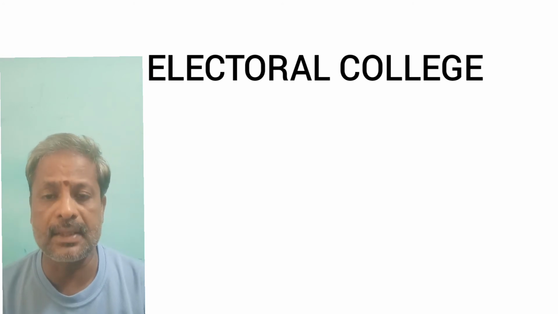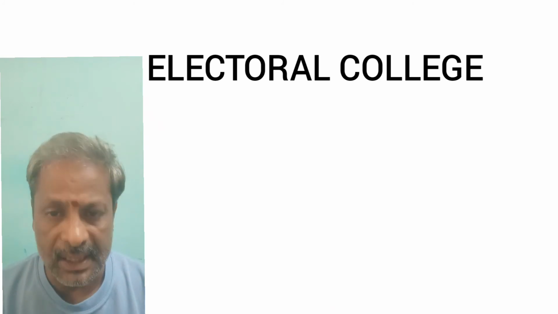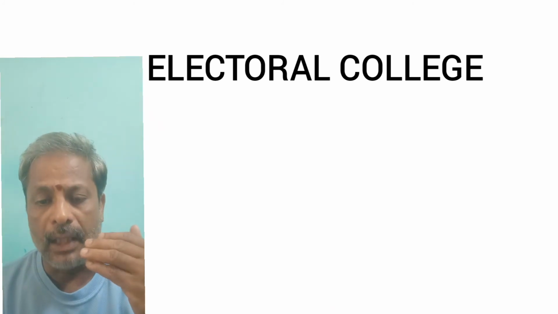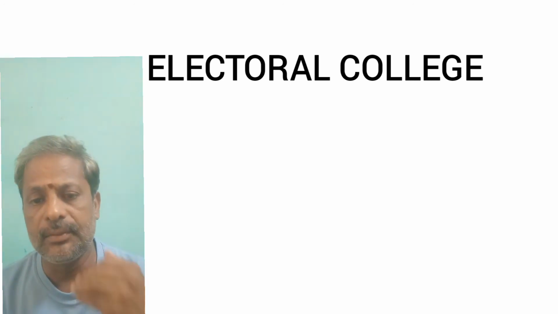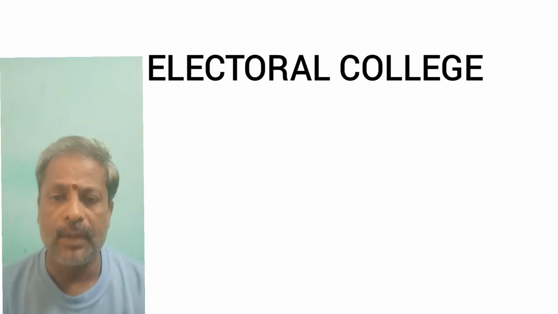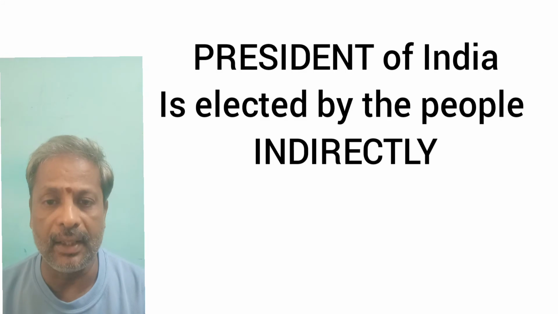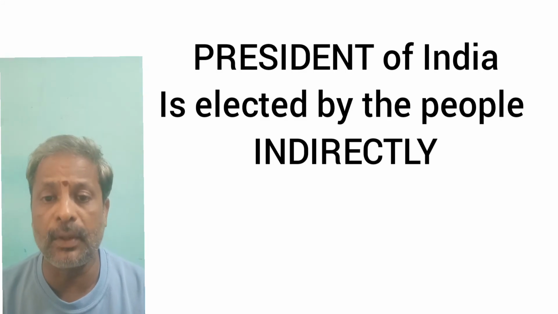All these members elect one suitable person as our President. It means the President's election is not done in a direct way. He is elected by the people indirectly, whereas parliamentary members and the PM are elected by the people directly. That's why the directly elected members have more power, and the indirectly elected President has less power in our India.